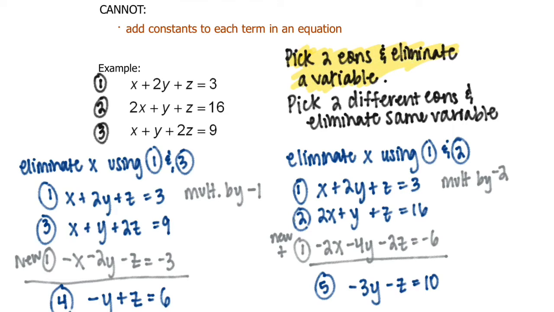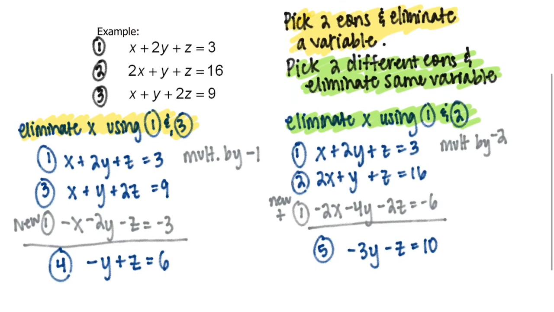And I want you to have some notes here to follow. So this was the first step. We picked equation 1 and 3, eliminated x. And then we had to pick two different equations and eliminate the same variable. So since we eliminated x, we're going to eliminate x again. And this time I picked equations 1 and 2.